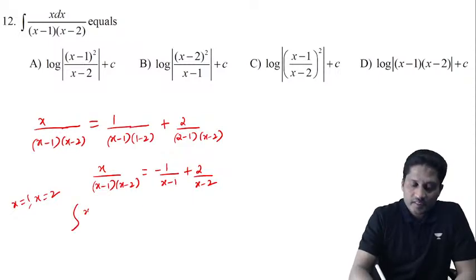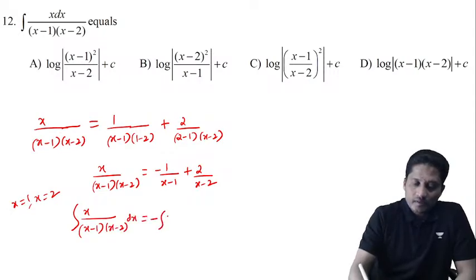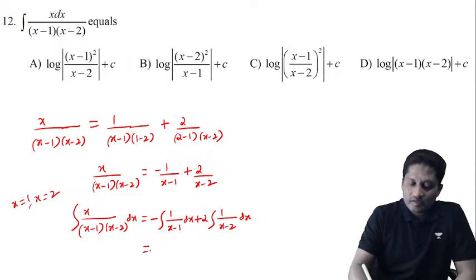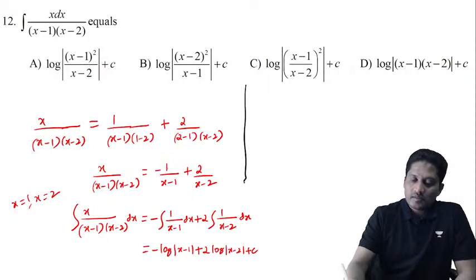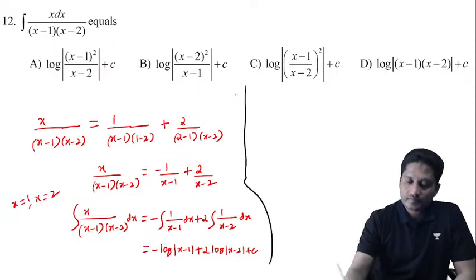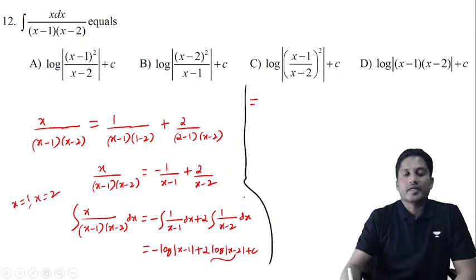Now if I integrate x divided by x minus 1 into x minus 2 dx, I get minus integration of 1 upon x minus 1 dx plus 2 times integration of 1 upon x minus 2 dx. Integration of 1 by x is log x, right? So this is minus log of x minus 1 plus 2 times log of x minus 2, and then plus c. 2 log x can be written as log x square.